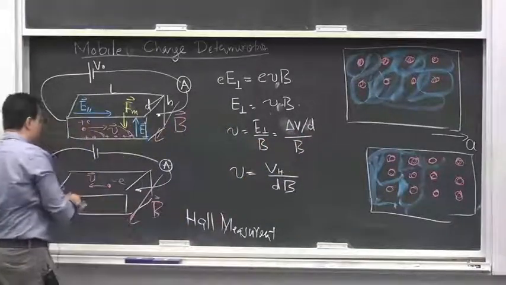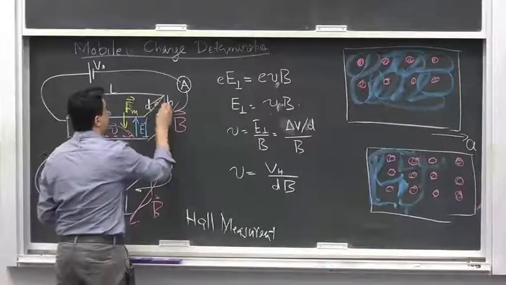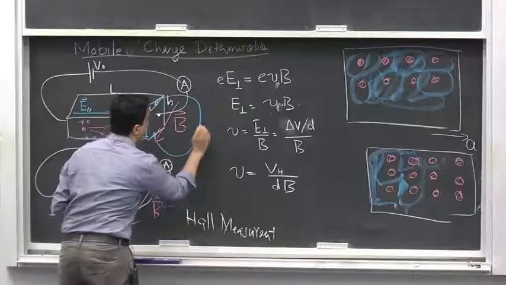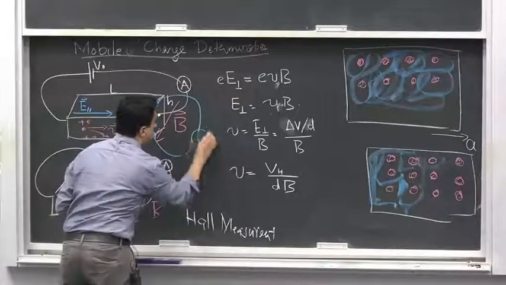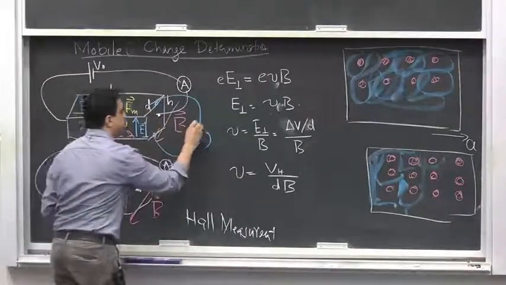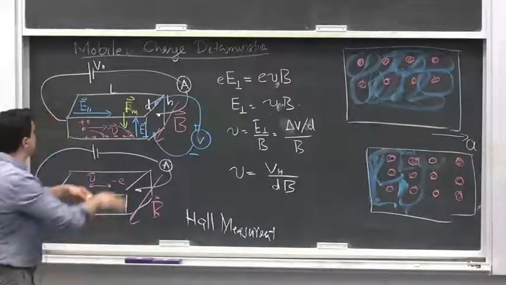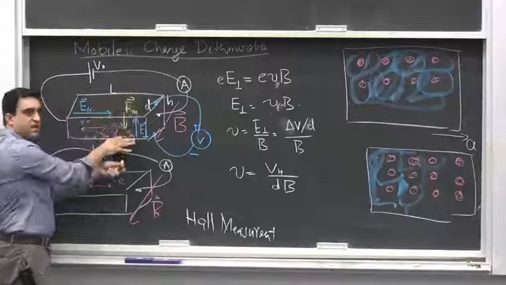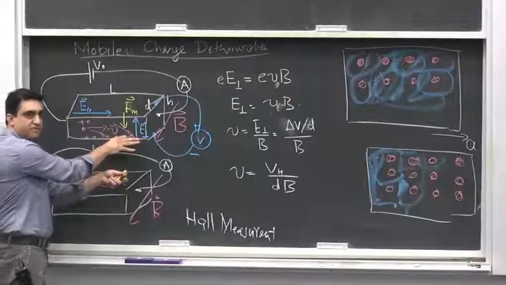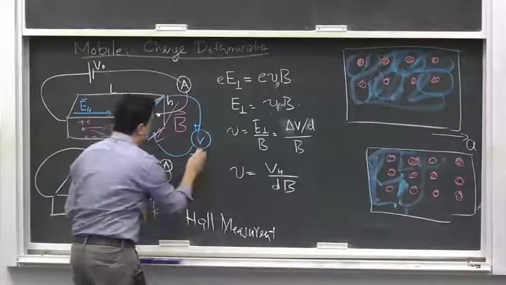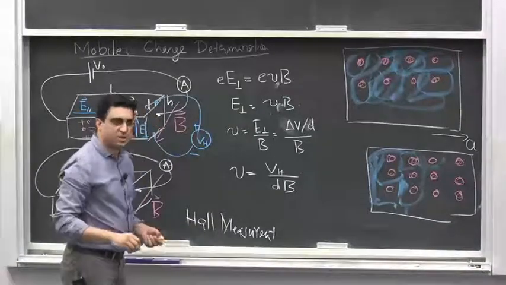What you do is take this face and this face, and connect a voltmeter to them, so that this face is connected to the positive terminal and the lower face is connected to the negative terminal. So what you would record is a certain voltage, and that voltage is called the Hall voltage.